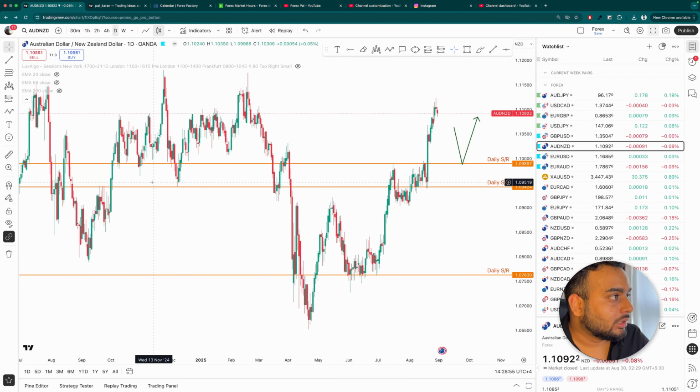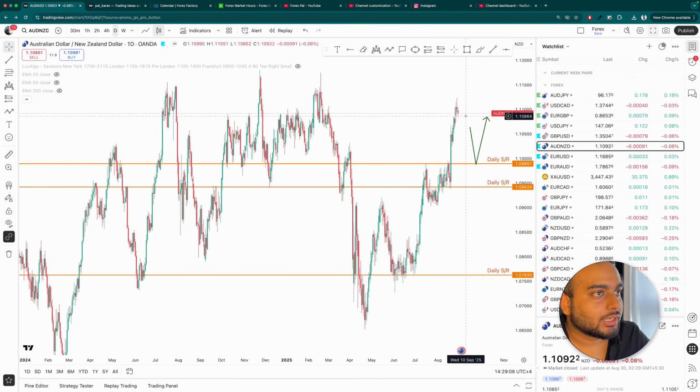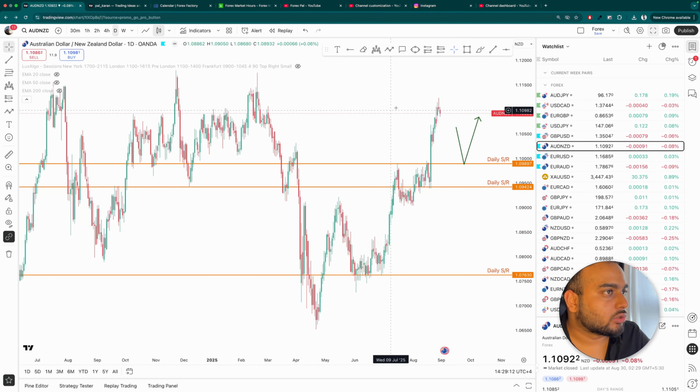And if you can see, there are so many structures coming to this level, and they had to go down before coming up again. So eventually, maybe here or maybe here, the price will start moving down unless there are very strong fundamentals driving this price.